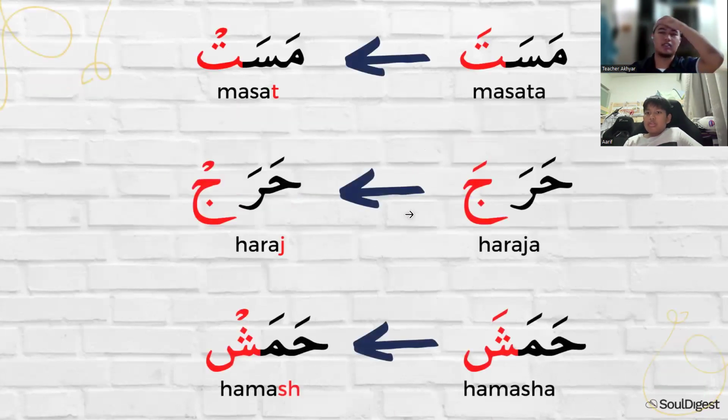Okay, these are another few examples. So I would pronounce the right side, and then you will pronounce or read the left part. So the first one, if we are not stopping, would be masata.